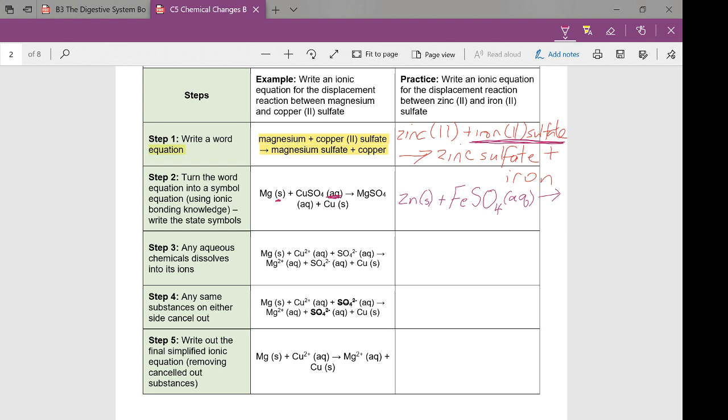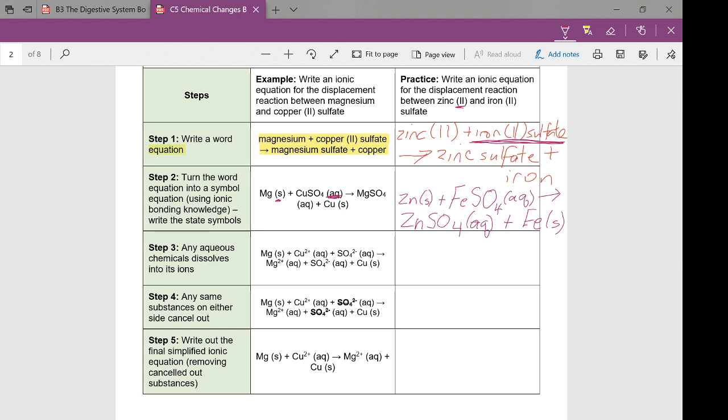Now that makes zinc sulfate. Zinc 2 is 2+, sulfate is 2-. So zinc sulfate would be ZnSO4, AQ, plus iron, which is Fe, and then the state symbol for iron would be S to show it's a solid.